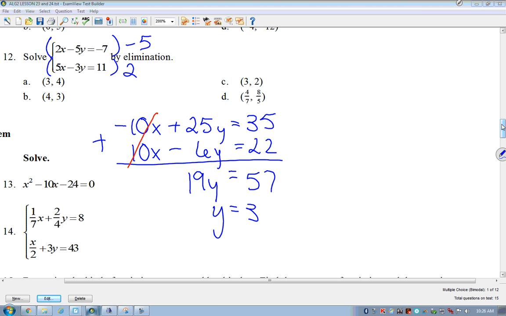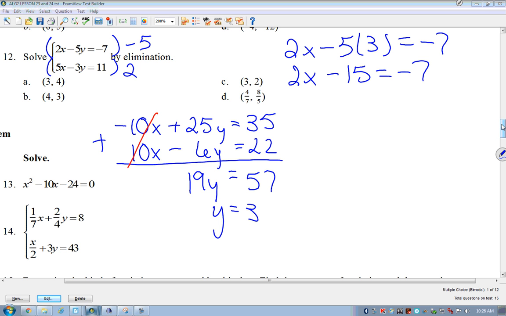What do I do with y equals 3 now that I have it? Plug it in. Plug it in where? 2x minus 5 times what? Equals -7. Okay, so 2x, what? -15 equals -7. Now what?